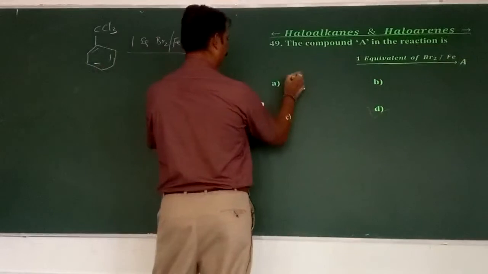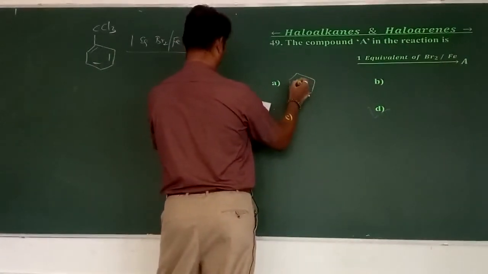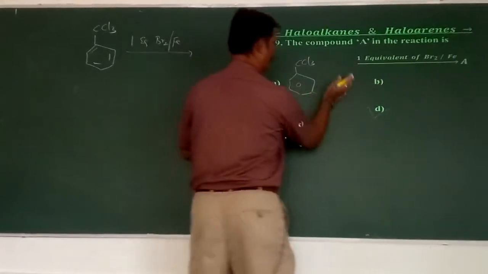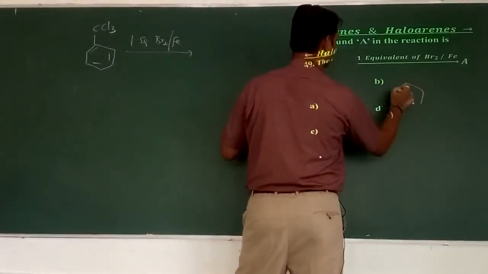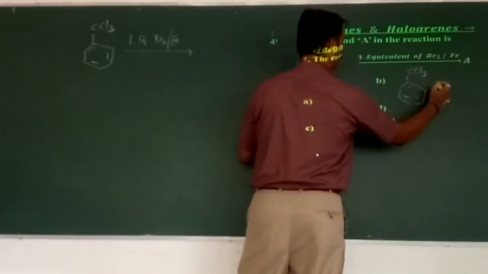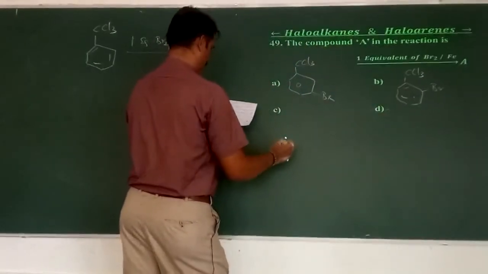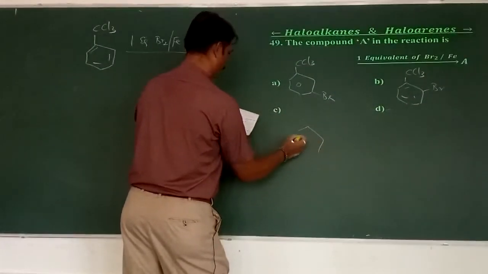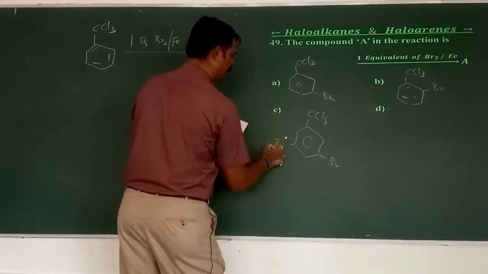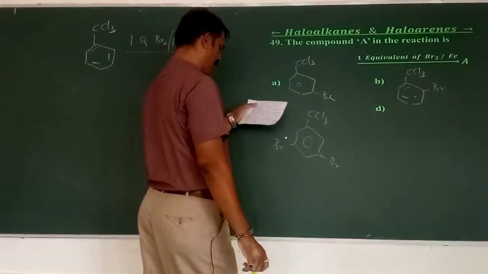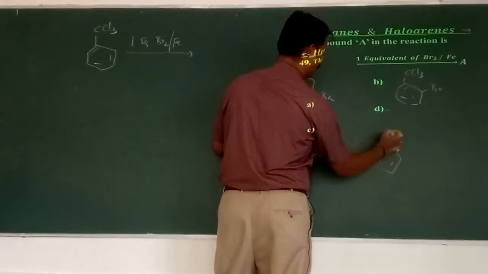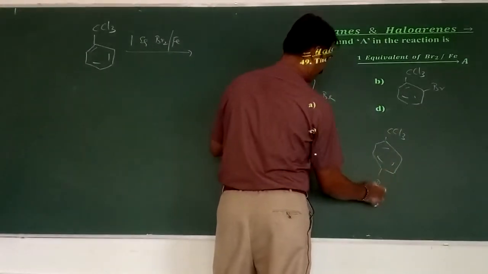The product is first CCl3 with Br, then B is CCl3 with Br at the ortho position, then CCl3 with Br at another position, and D is CCl3 with Br.